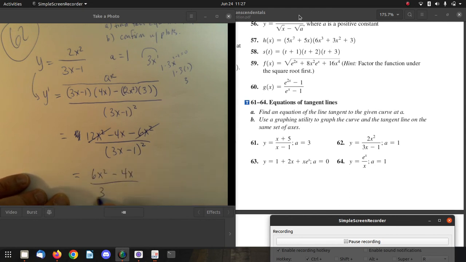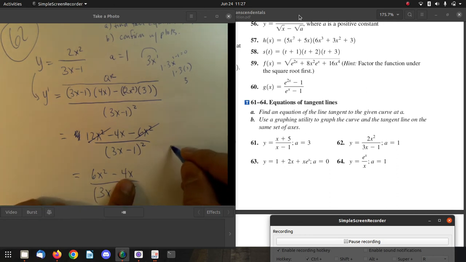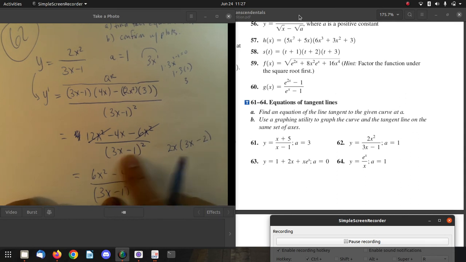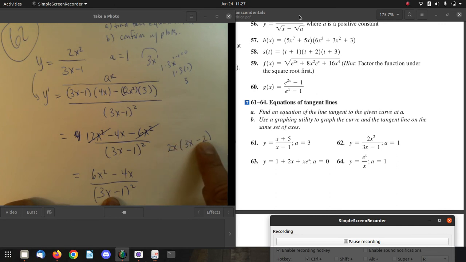I don't think it will, actually. Let's see, I could pull an x out, and I could pull a 2 out. When I pull a 2x out, I'd be left with 3x minus, is it just 2? Yeah, it looks similar. I was thinking maybe it would cross out with the 3x minus 1. 2x would be 4x, but it doesn't. So we're good to go.